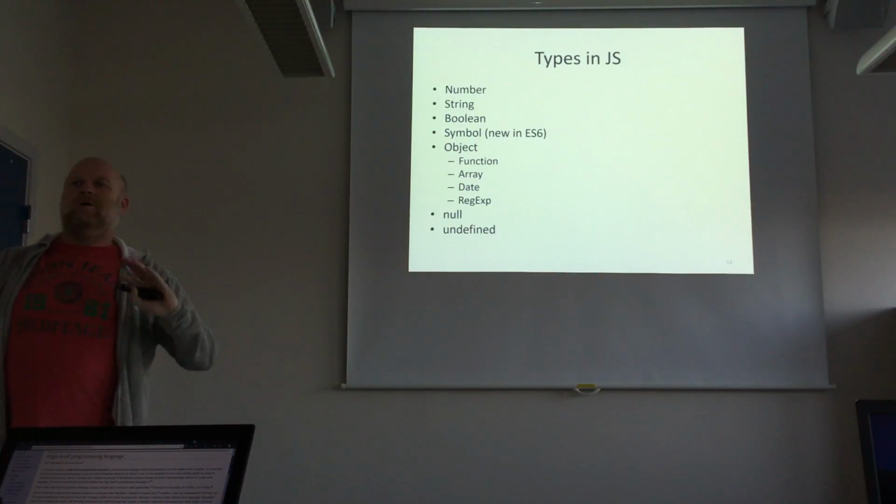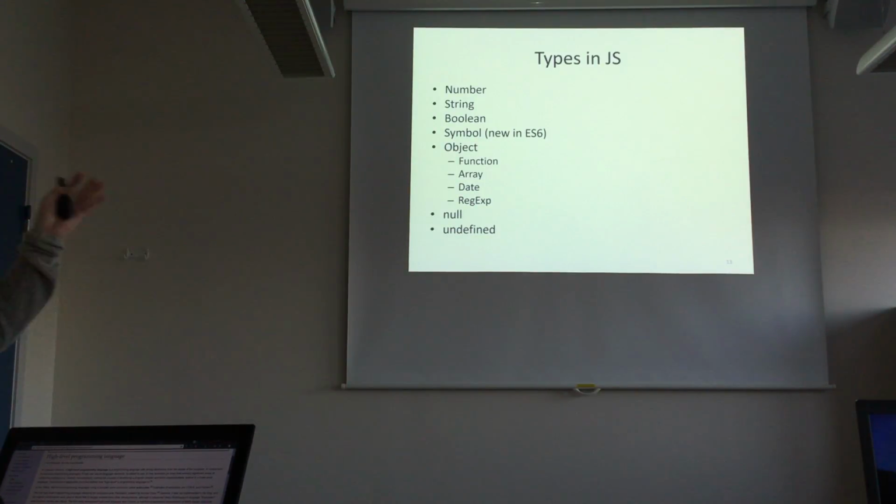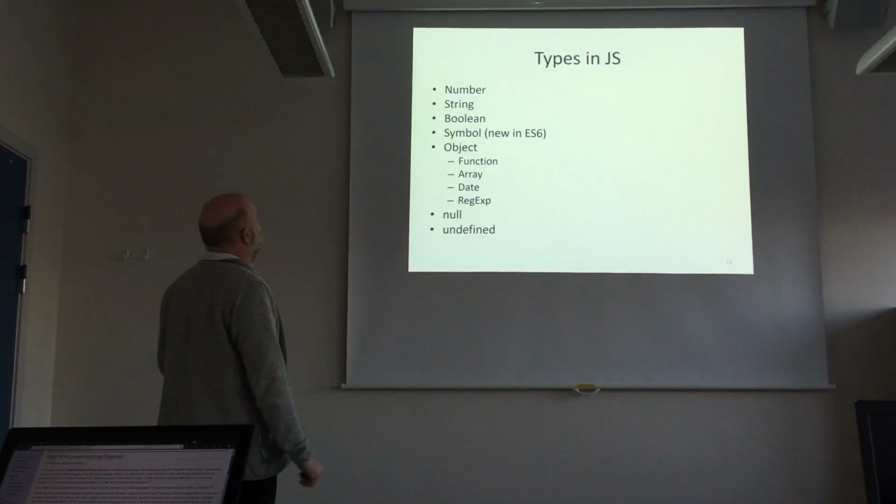We won't talk about them much. Due to the dynamics of JavaScript, sometimes you need to add new properties to an object, and you want to be sure that you can add a property that will not conflict with the properties that are already there, and symbols provide a unique way of doing that. But we will not go there.